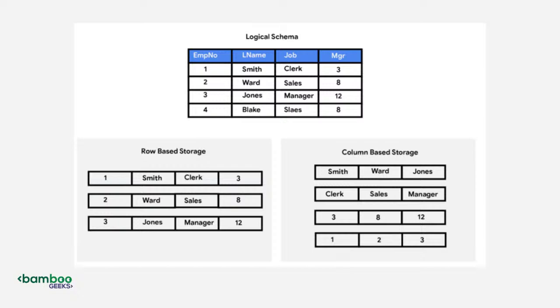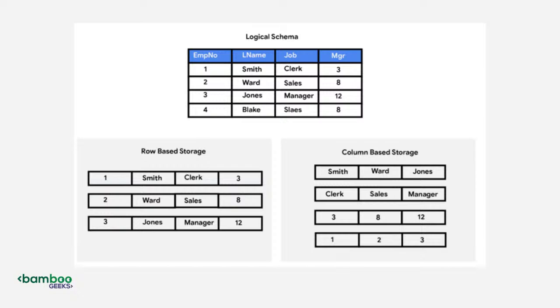This is just to show you the difference between the logical schema and row-based or column-based storage. Here we have a normal logical schema with the employee number, last name, the job, and the MGR. With row-based storage, each row acts as one specific, unique piece of data.